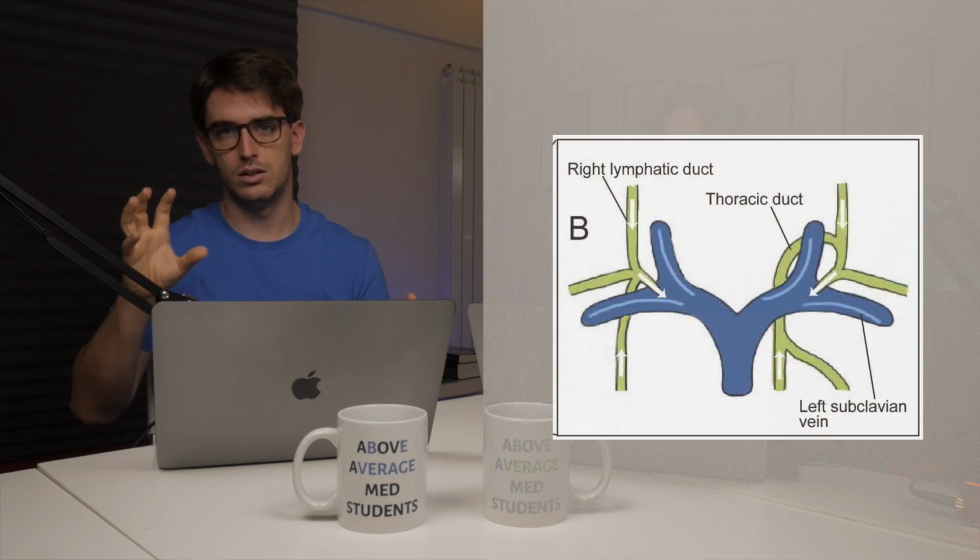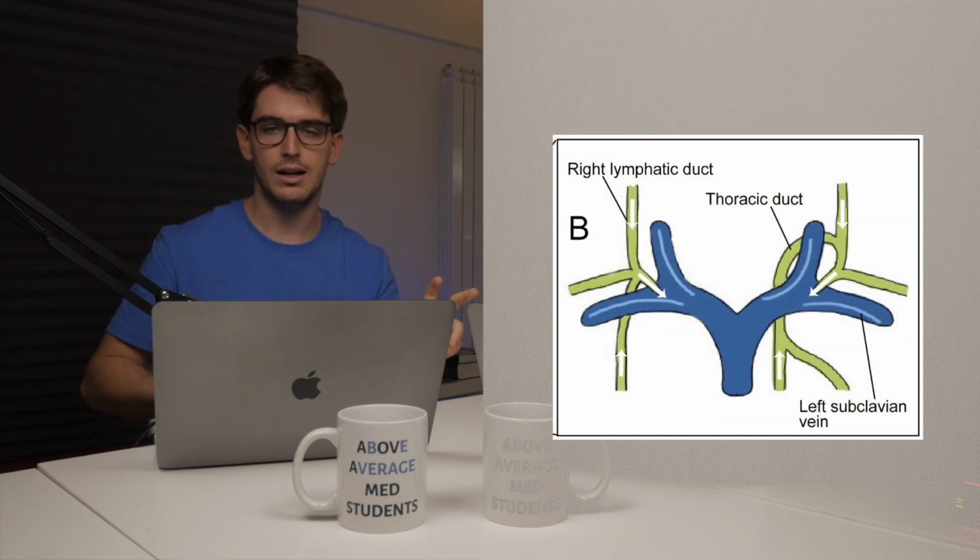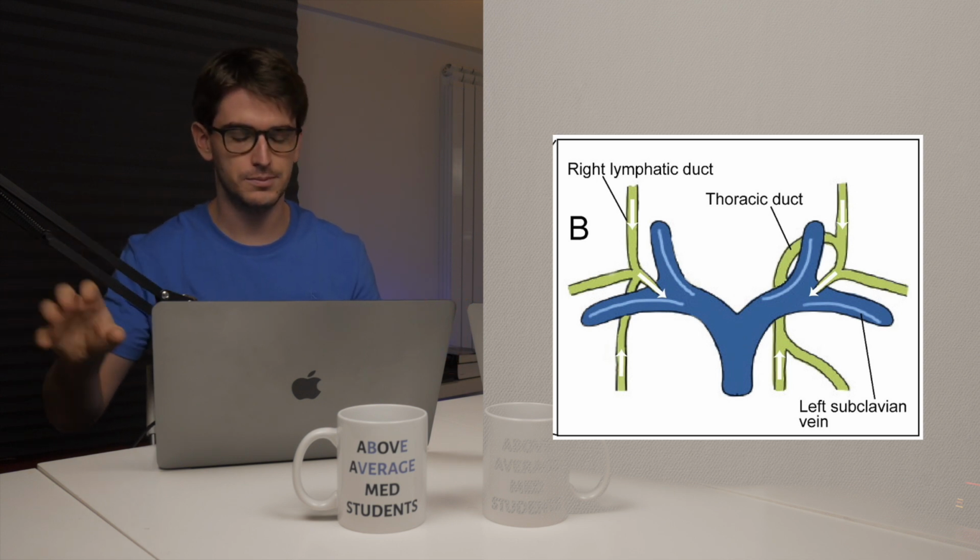So, just to recap where we started from, we said that at the periphery in every tissue we have initial lymphatics, and that these initial lymphatics will converge into larger lymph vessels. Where do these lymph vessels end up? Well, they end up into two different main lymphatic vessels, the right and left lymphatic ducts.